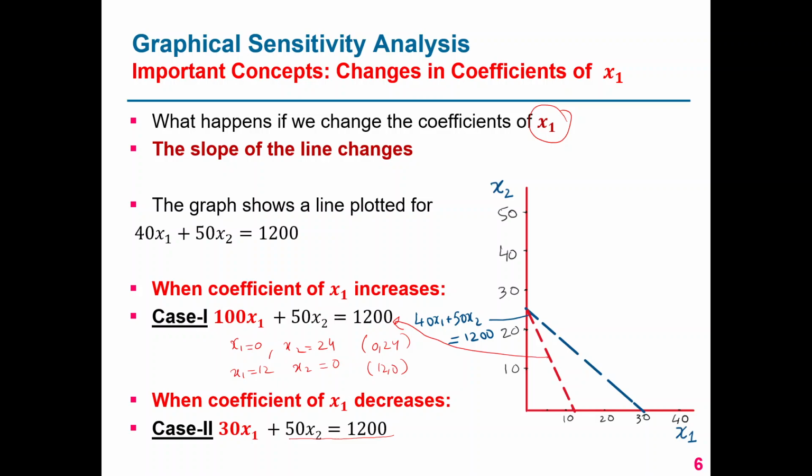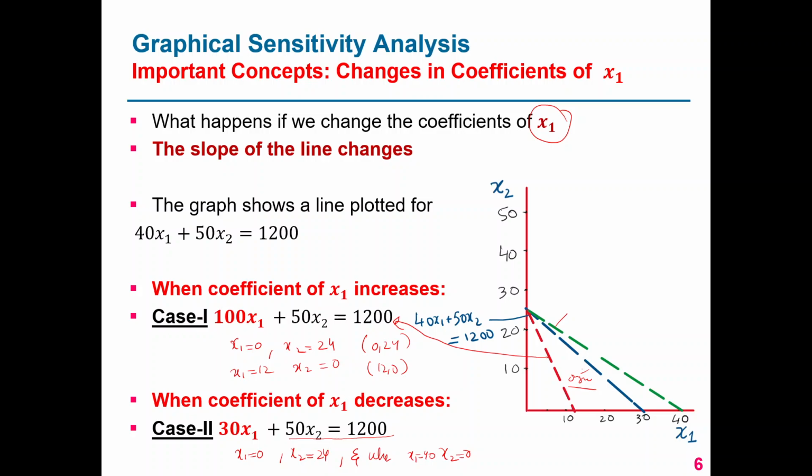This equation can also be plotted using 2 points: when x1 is equal to 0, x2 is equal to 24, and when x2 equal to 0, x1 equal to 40. When I plot this line, shown here in green, you can see that this line has become flatter compared to our original line.